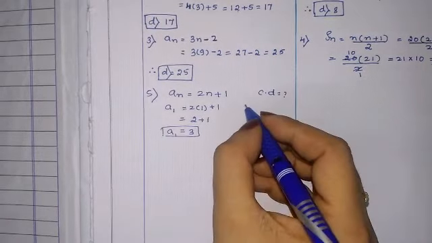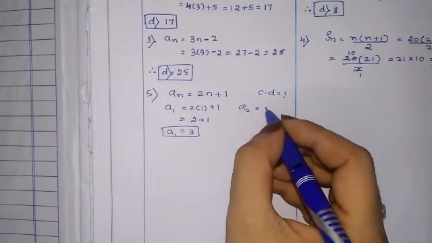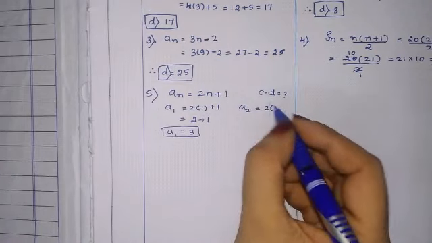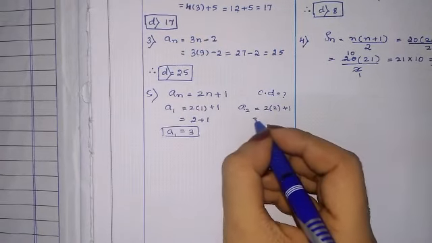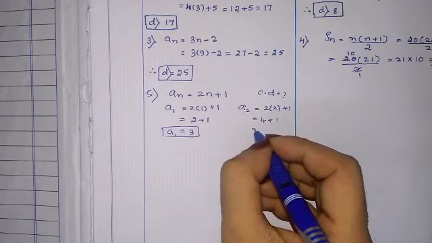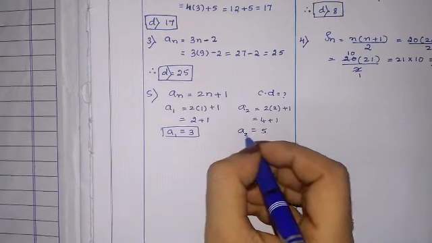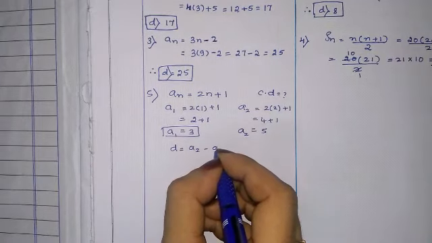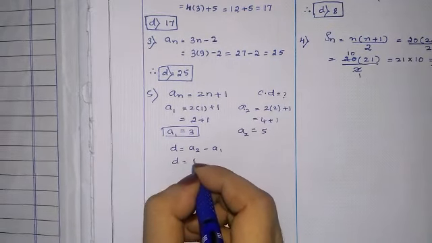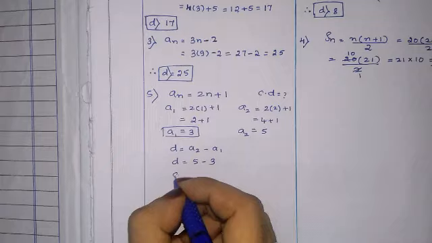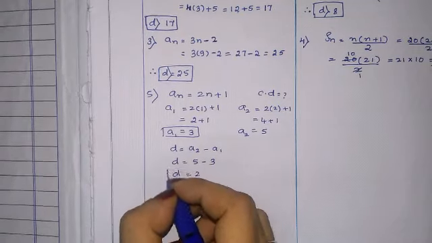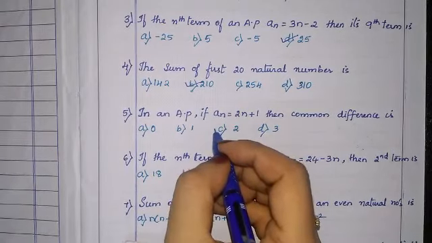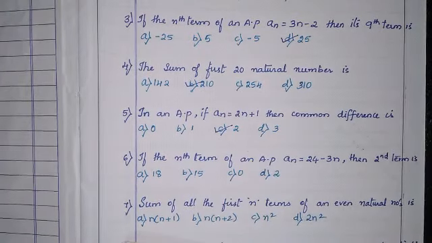Now let us see a2. a2 is equals to 2 into 2 plus 1, 2 twos are 4 plus 1, that is 5. a2 we got 5. We know d is equals to second term minus first term. d is equals to 5 minus 3, which is 2. So the correct option is C, 2.